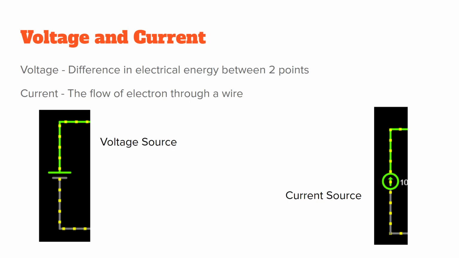Like you see here, this is a picture of what a voltage source would look like inside a schematic. A schematic is basically a blueprint of a circuit that we would like to build. Whenever you see these two parallel lines, one longer than the other, that is a voltage source.